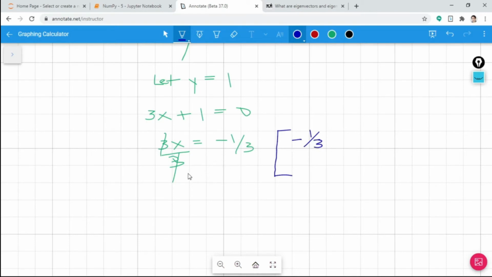Okay, so negative 1/3, then we let a value of 1. So again, to make this clear, let me rewrite again. It's ugly handwriting. So this one is the eigenvalue of, I mean not the eigenvalue, I'm sorry. So this one is the eigenvector.